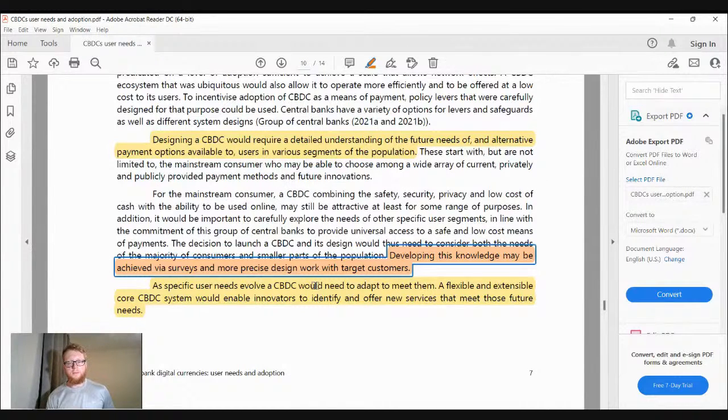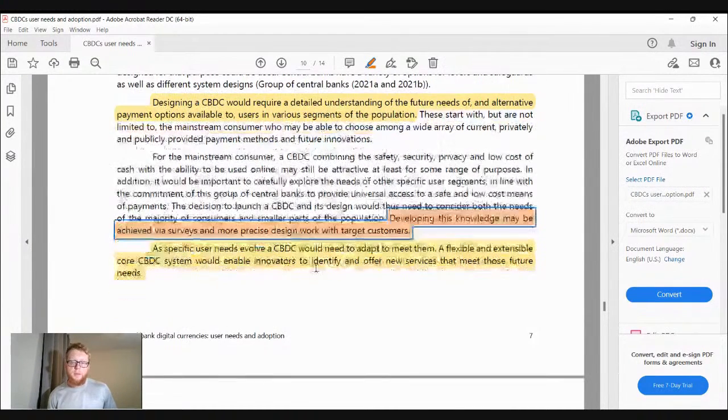What they mean by various segments of the population is they basically fragment society in a way, in order to create what they call market segments, where each one has a specific use case and they're looking at different user stories, which we'll break down story by story in a few minutes. Developing this knowledge of the different market segments may be achieved via surveys and more precise design work with target customers.